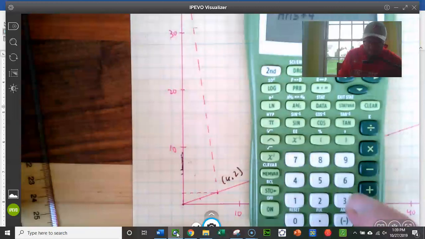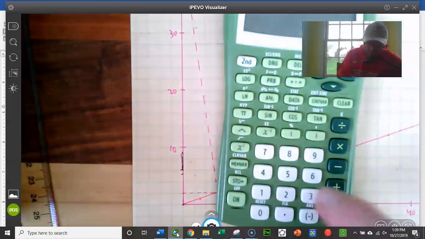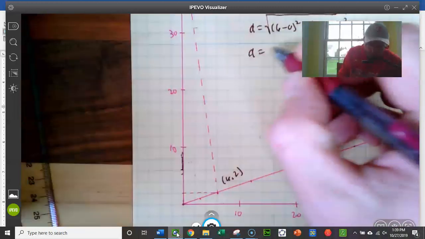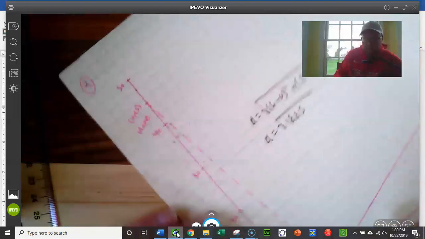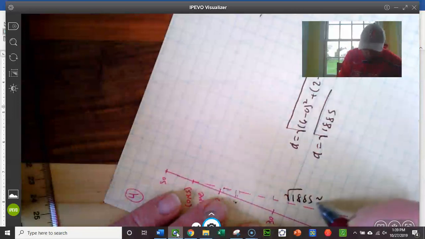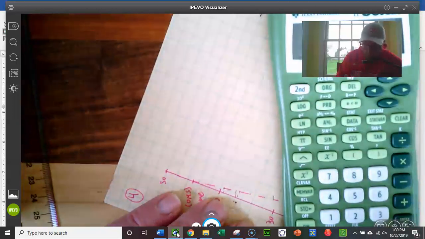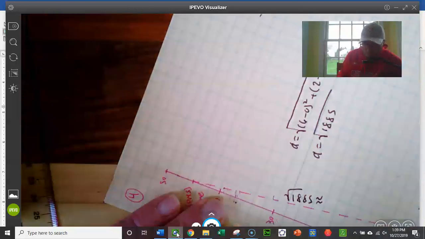So that's 43 squared plus 36, 1885, which is approximately equal to 43.42.